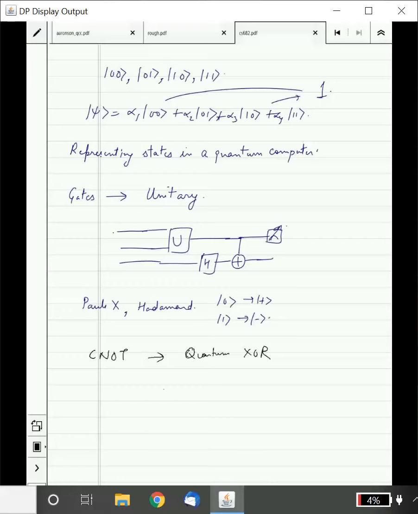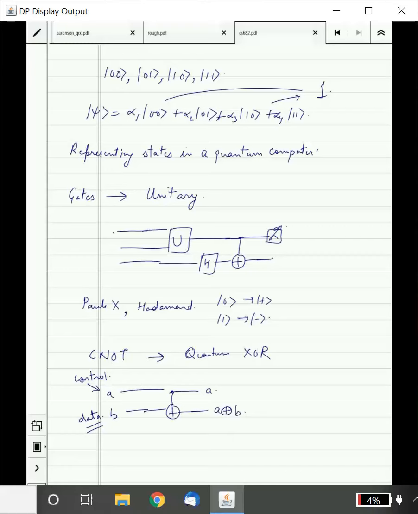If we have two states A and B, the action would be that the first state, which is the control qubit, will remain the same, and the data qubit will change.